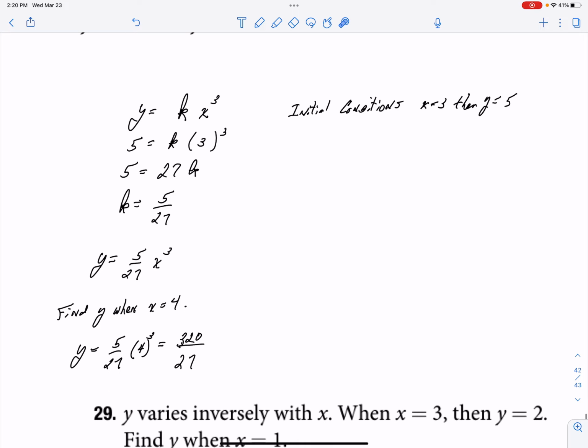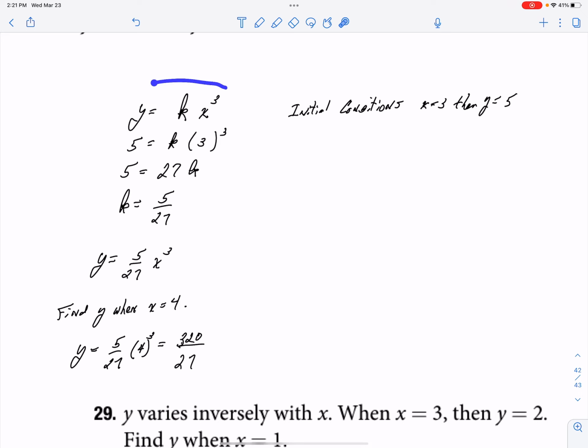Well, 3 cubed, of course, is 27, so we get 5 equals 27k, or dividing both sides by 27, k is 5 divided by 27. So there you go. That has allowed us to solve for the constant k, the variation constant.